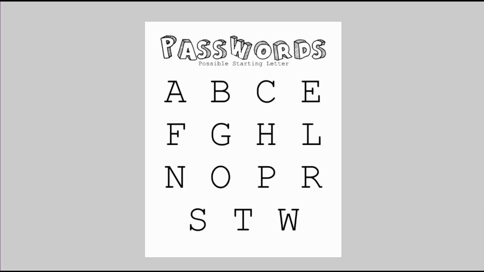These letters are A, B, C, E, F, G, H, L, N, O, P, R, S, T, W. Any letters you receive that aren't one of these 15, you can automatically cross off or not even write down.